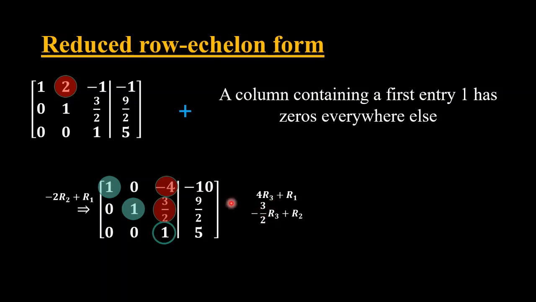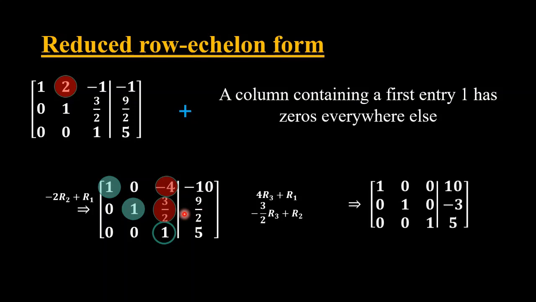Here we replace R1 by 4R3 plus R1, and R2 by minus 3 by 2 R3 plus R2. That is, we multiply R3 by 4 and add it to row 1, and in the second row we multiply R3 by minus 3 by 2 and add it to R2.